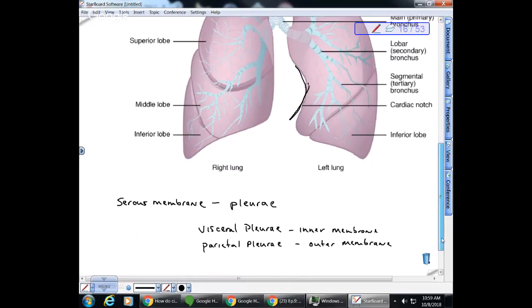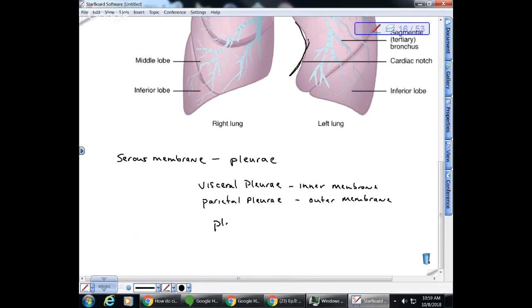Then we have what is called the pleural cavity, the space between those two membranes, and this produces fluid. So it's fluid filled, and this decreases friction.